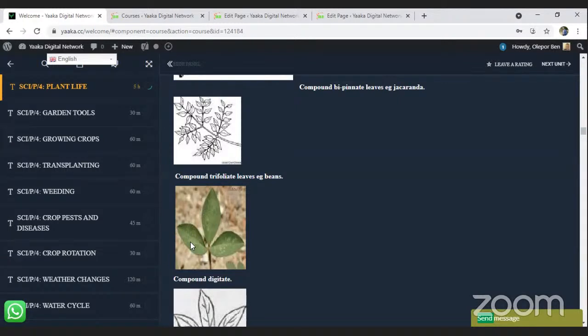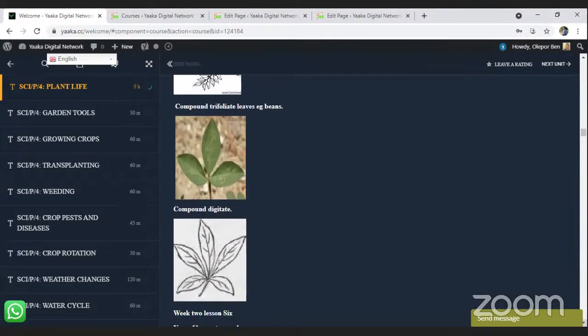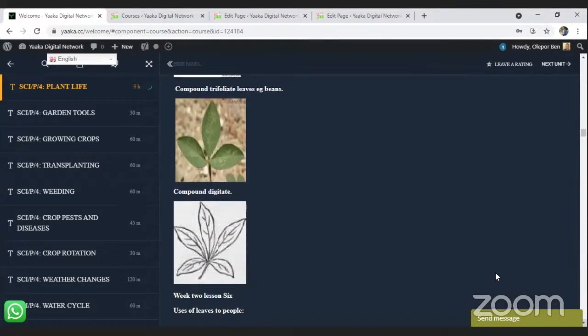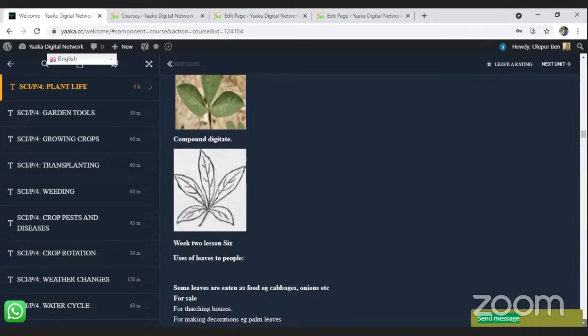Tri means 3 leaflets. So you draw 3 leaflets like this, just as it is, and it will be marked correct. Among all those ones, compound trifoliate is commonly asked, so you must be able to know that.